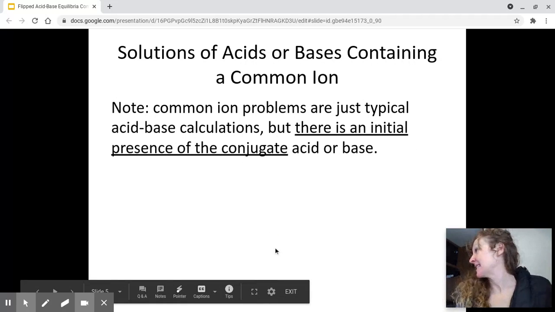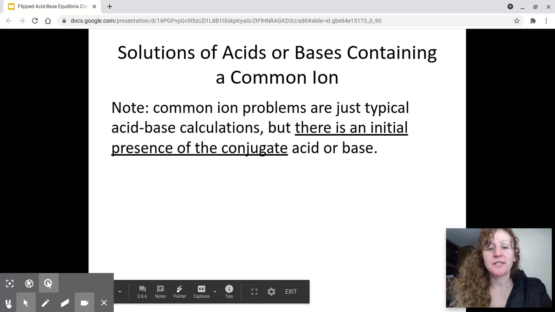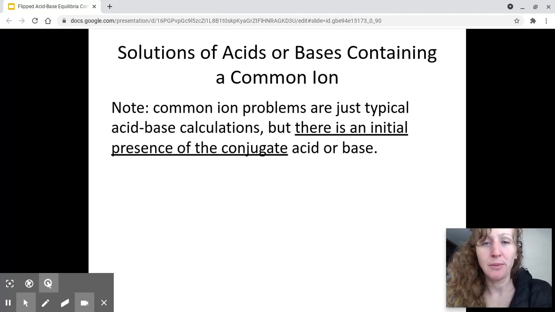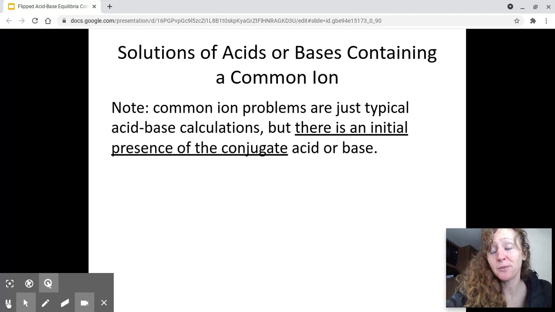All right, and this is an important note about common ion problems. Common ion problems are just normal acid in water problems or base in water problems. They're the exact same problem that we've been dealing with for the whole last chapter, right?